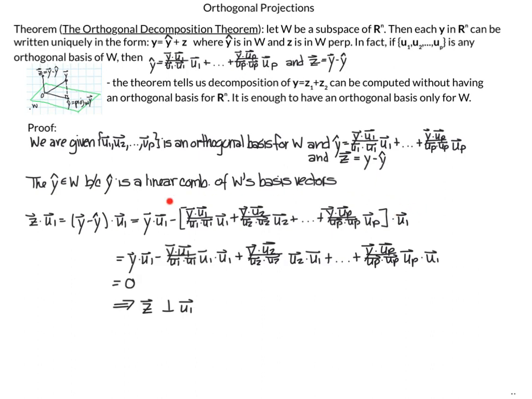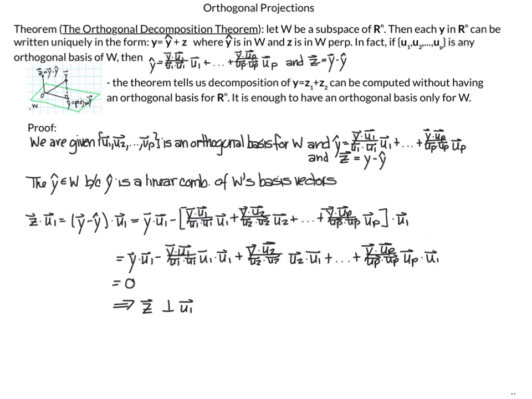Distributing u1 inside into y hat, I still have y dotted with u1, then I have y dot u1 over u1 dot u1 times u1 dotted with this u1 here, y dot u2 over u2 dot u2 times u2 dotted with this u1 here, up to y dot up over up dot up times up dotted with this u1.